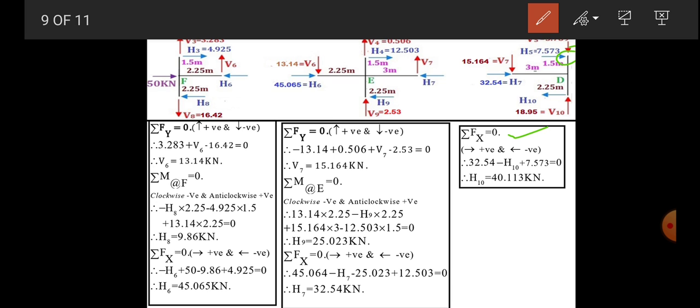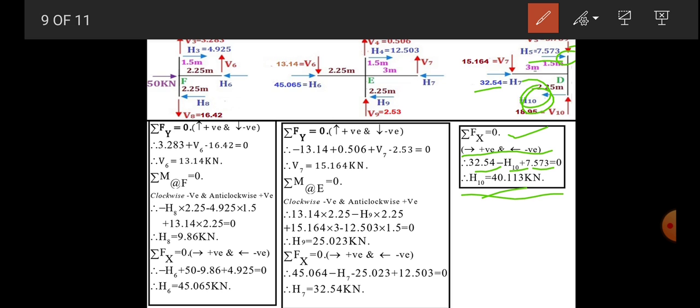Now do the summation Fx, because here H10 is unknown only. So do the summation Fx, and these are the sign convention, right side positive and left hand side force we have to take negative. So 32.54 positive right hand side, and then 7.573 positive, and H10 which is taken toward the left hand side, so minus H10.